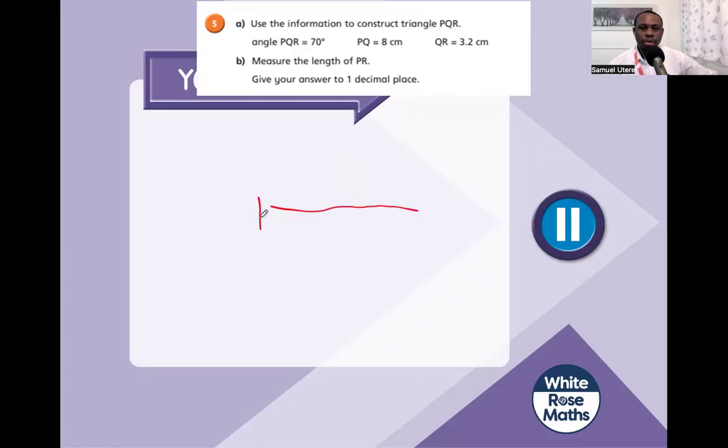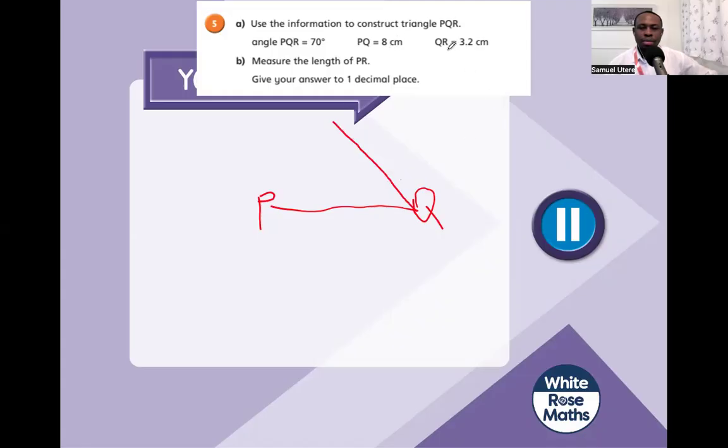So PQ, you label the line PQ. And then the Q is telling you where the angle should be. Remember, the middle letter tells you where the angle should be. So PQR, Q should be 70 degrees, measured on this side.